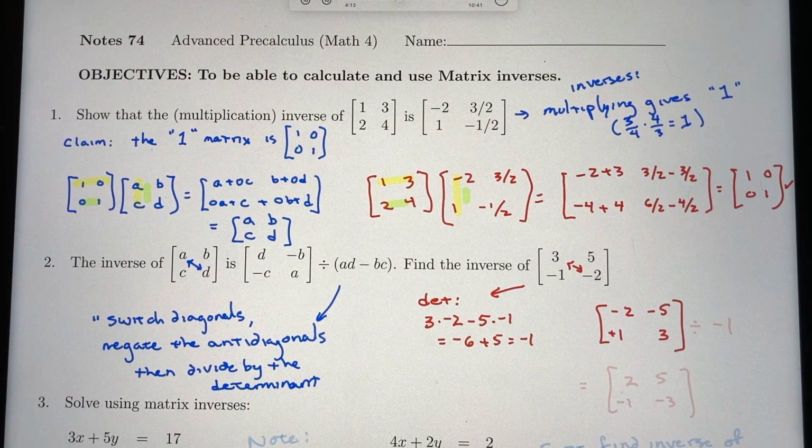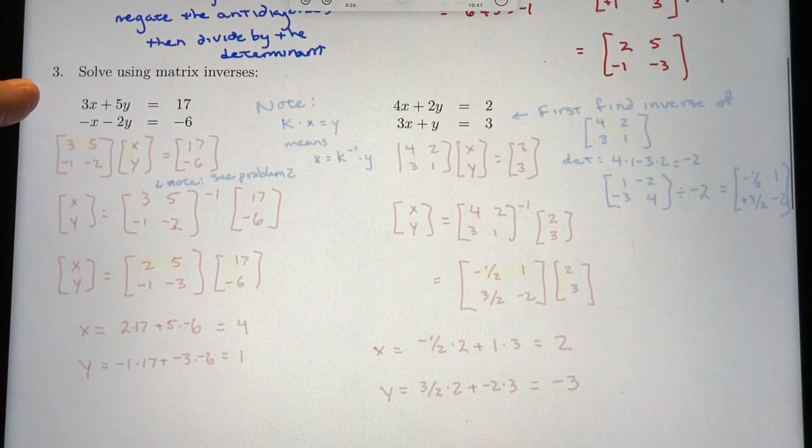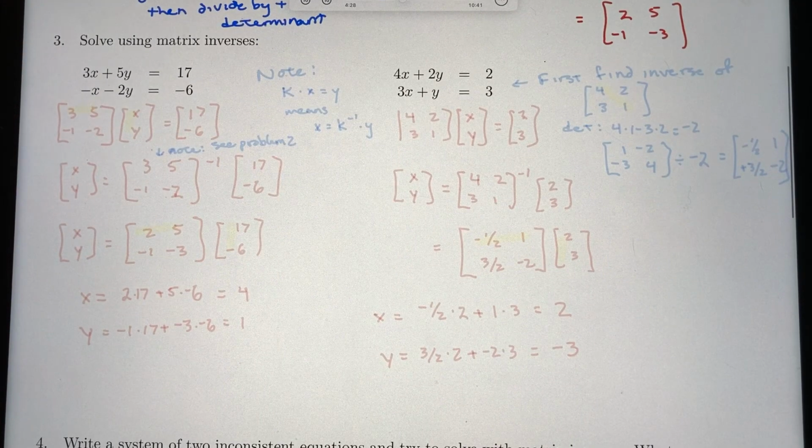And then we divide everything by the determinant. There you go.